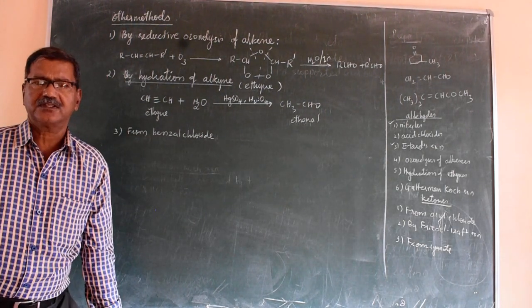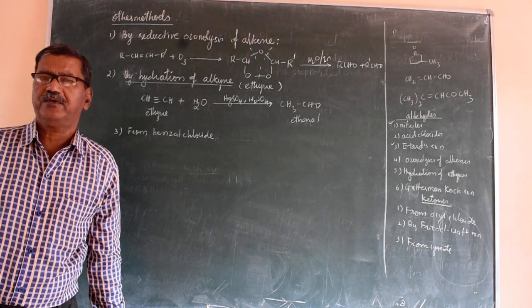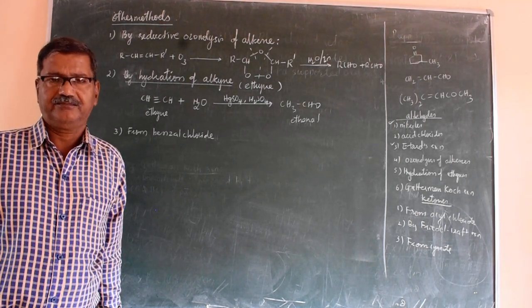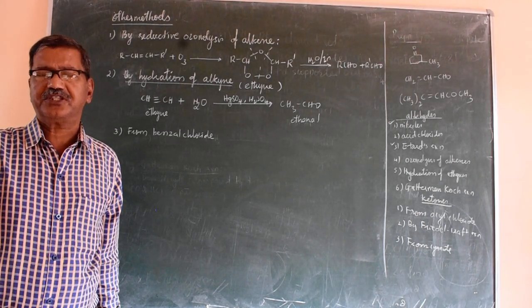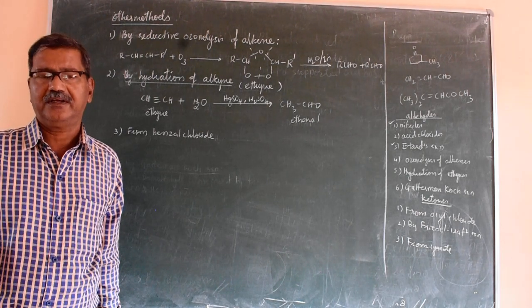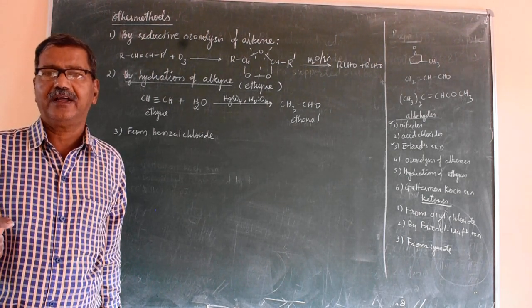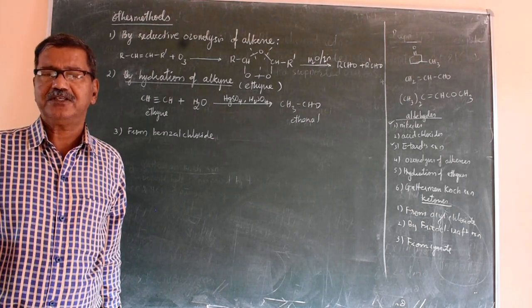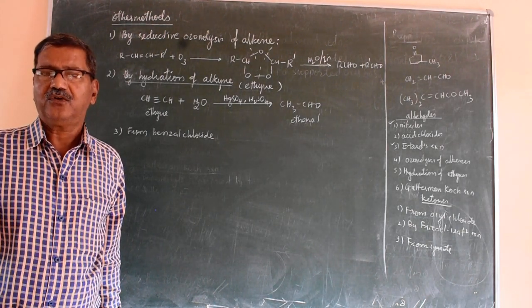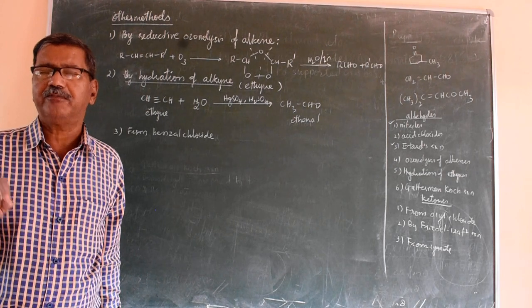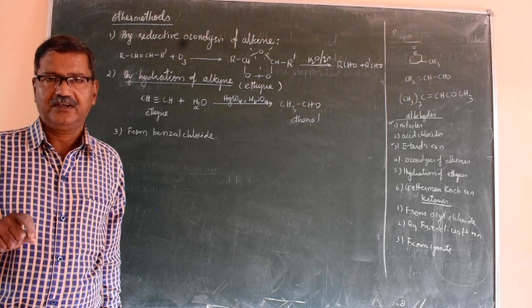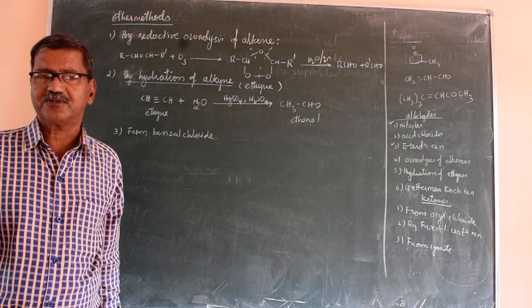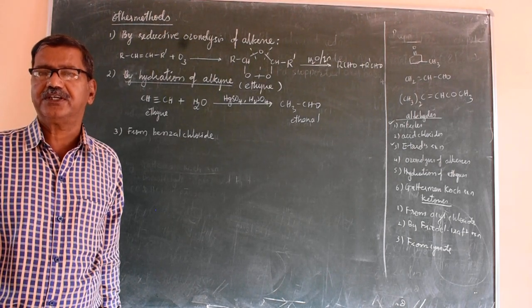Benzyl chloride means it's a chloro derivative of toluene. The hydrogen atoms of CH3 are replaced by chlorine. That's called benzyl chloride. And you are getting that when toluene is treated with chlorine in presence of sunlight. So side chain substitution, or side chain chlorination, takes place.